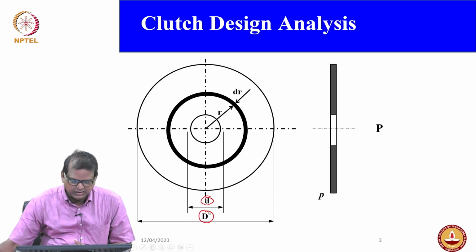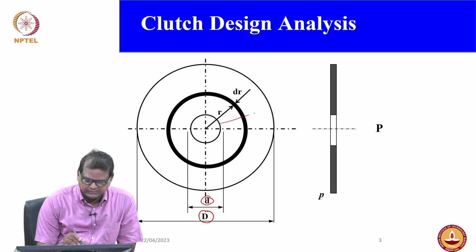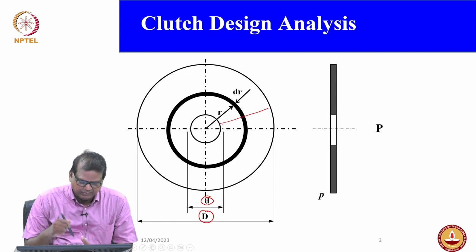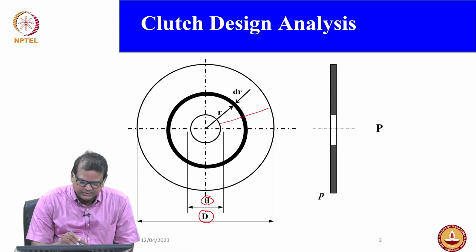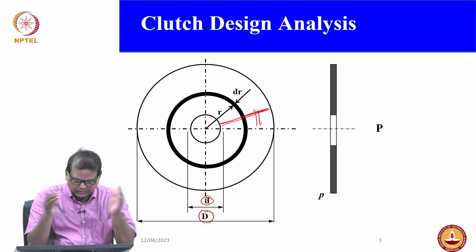In between, you have a friction lining. So, this entire thing is a friction lining. It is exaggerated, but for our understanding, this is your surface contact area, or friction area, the entire thing on the pad.